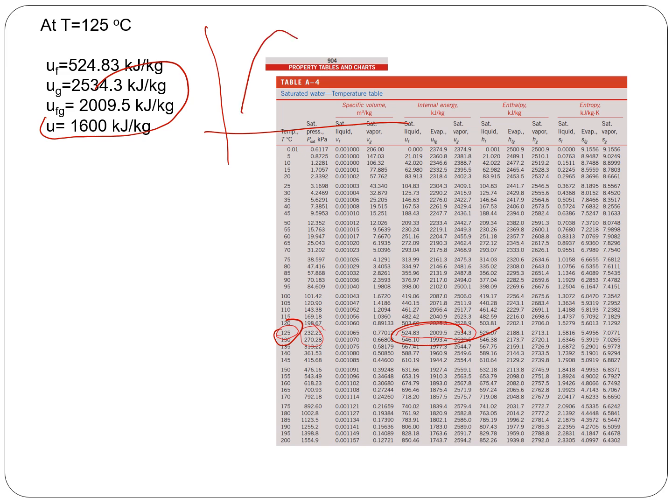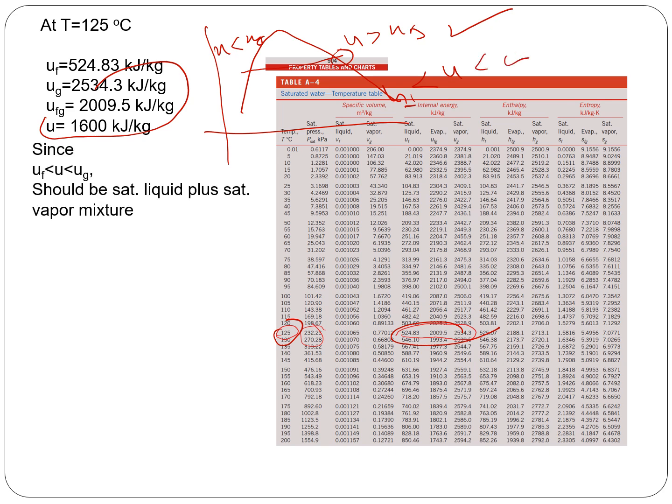Again, this comes handy. If u is greater than ug, then this is superheated. If u is less than uf, it's subcooled. And if it lies in between, u has to be between uf and ug. You can see here, u lies between uf and ug. That means it is a saturated mixture.